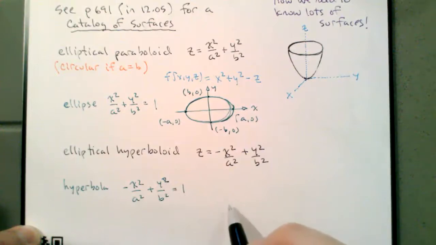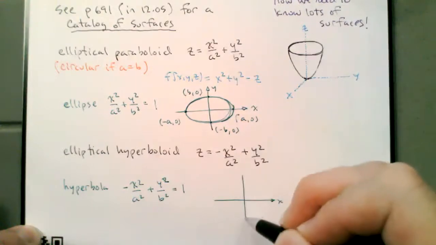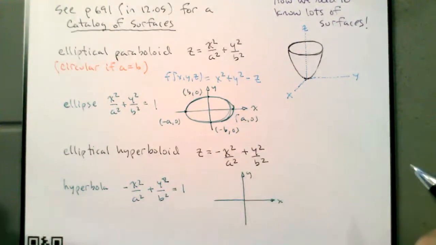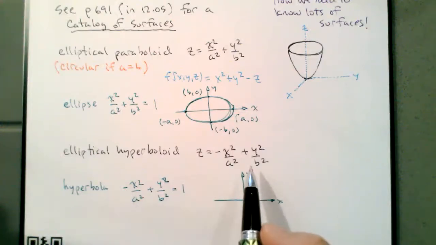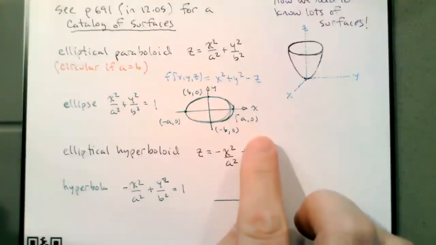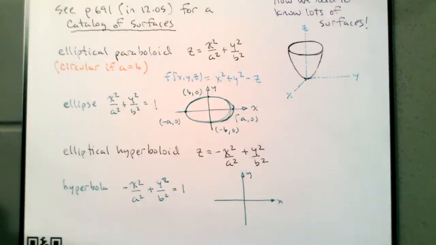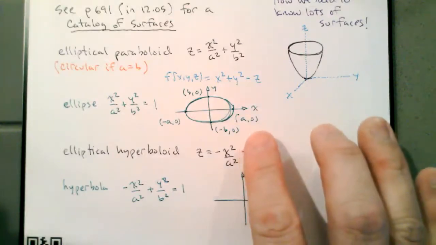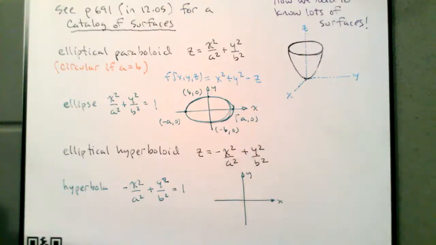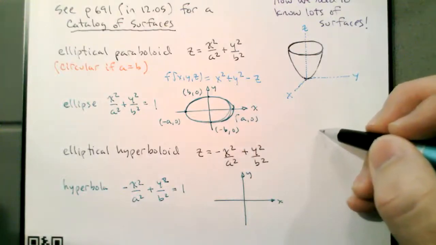So for an elliptical hyperboloid, in one direction, we're going to have parabolas facing down. For constant values of y, once again, using our technique of looking at level curves, if I fix a constant value of y, z is negative x squared. I actually need to put it over here.